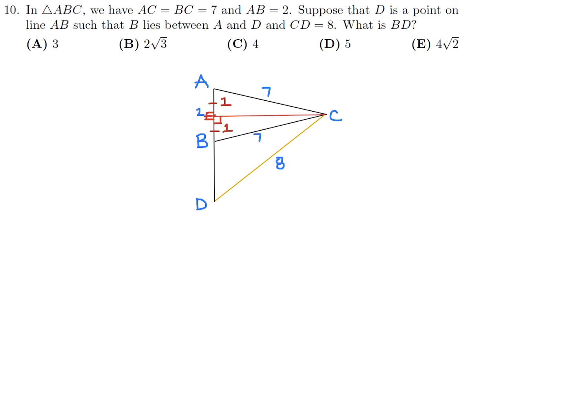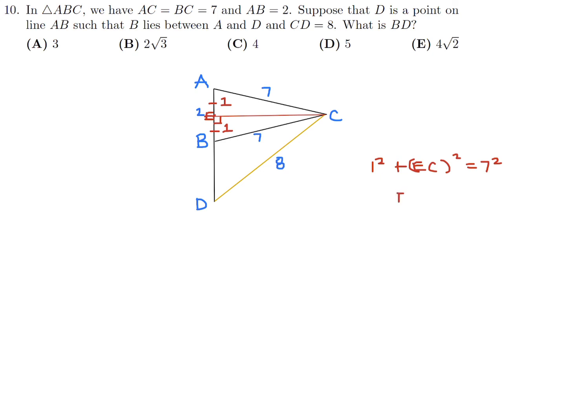Right? So now this becomes a pretty easy to solve question using Pythagoras, but it's a two-part Pythagoras. First I have to figure out EC, and I can do that. And once I do that, then I can figure out BD. So first, let's figure out EC using this triangle right here. It'll be 1 squared plus EC squared is equal to 7 squared.